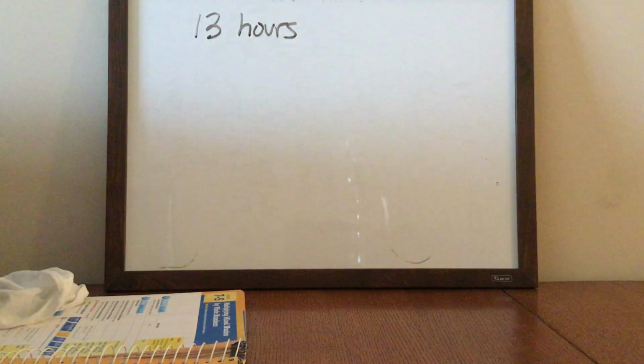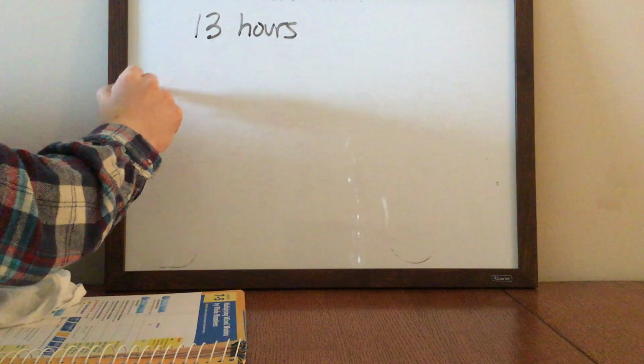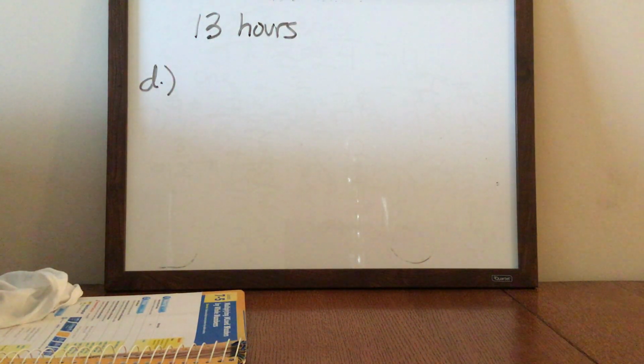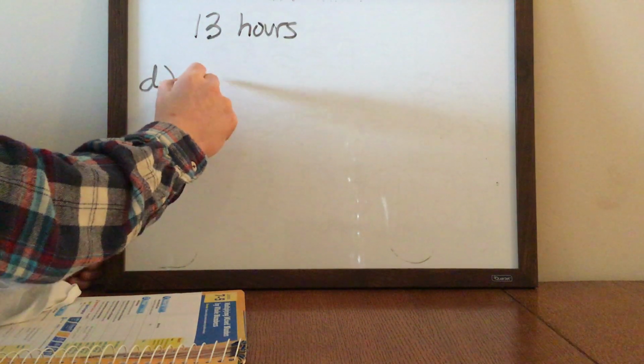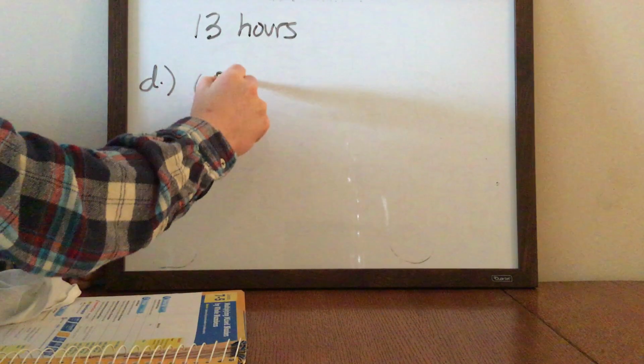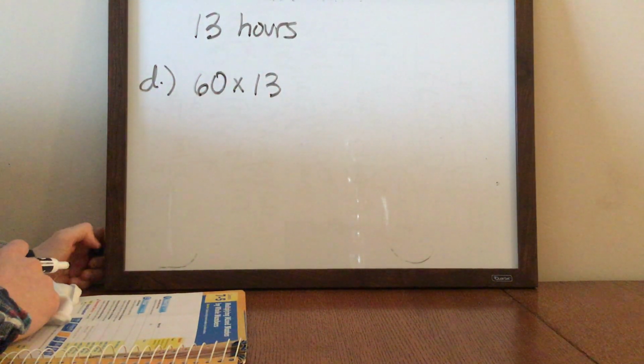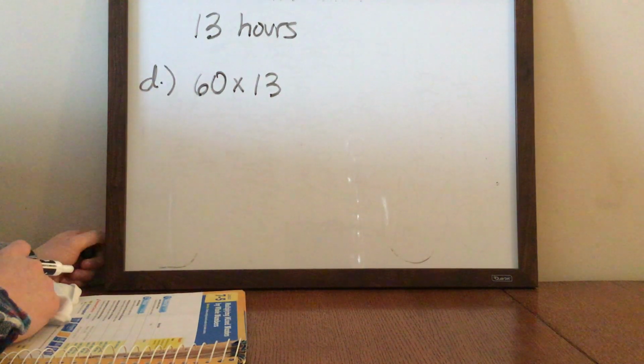For part D, let's figure out how many minutes that is. Each hour is 60 minutes, so we're going to do 60 times 13. 60 minutes times those 13 hours.